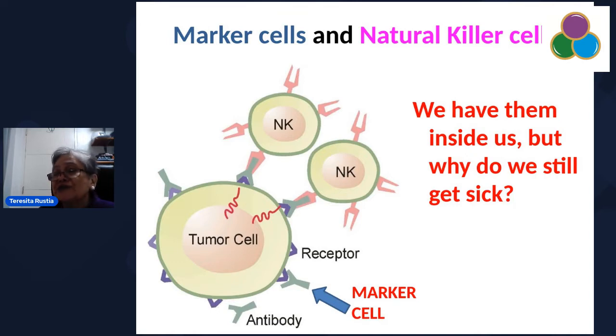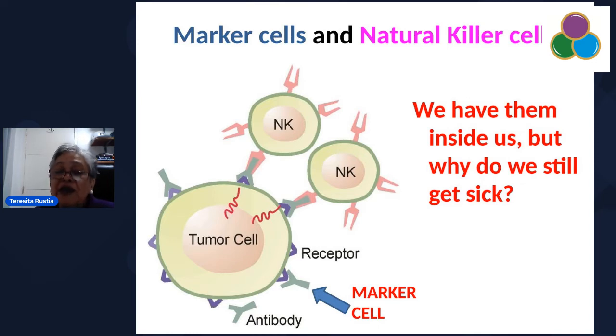So you could just imagine we have this kind of protection inside us, but why do we still get sick? I would like to tell you that we should be eating less animal meat, because when animal meats are metabolized, used by the body, and the excessive ones decomposed by the microorganisms, they produce metabolic waste that becomes a mask of the tumor cell. They surround the tumor cell. So if the tumor cells are surrounded, the receptor sites are covered with protein metabolic waste.